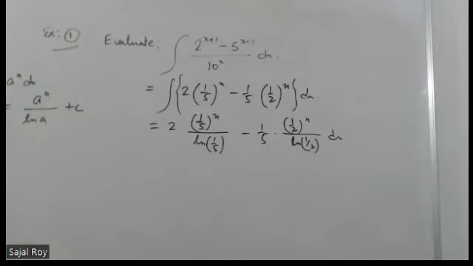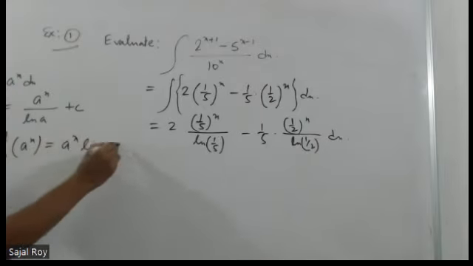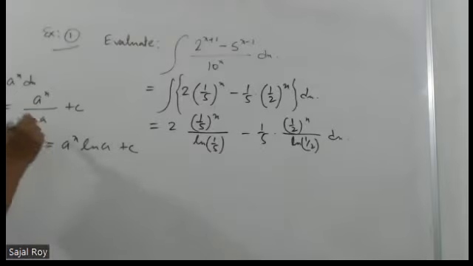That's the result. That's the simple result. Why is this the integration result? Because the derivative of a to the power x is a to the power x ln a. So integration of a to the power x will be a to the power x over ln a.